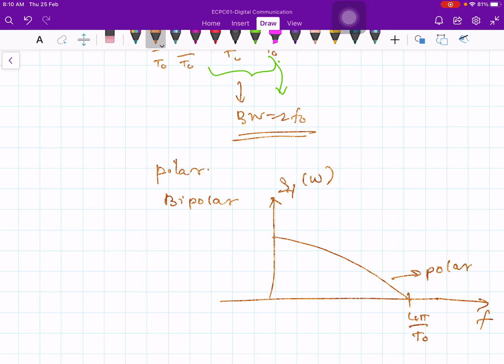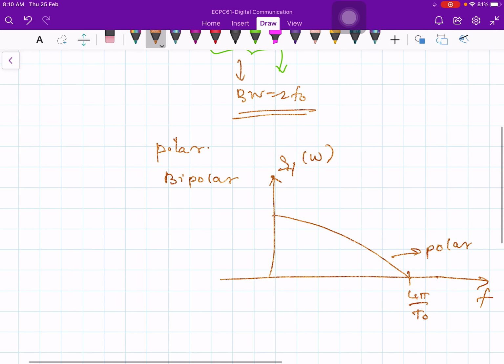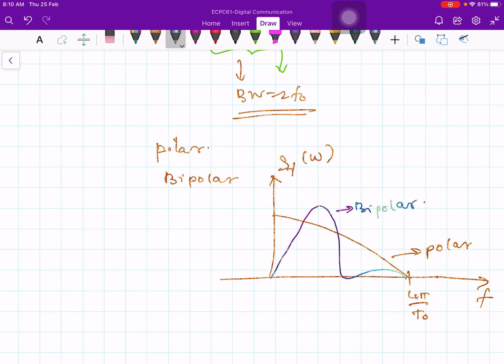This is polar, and then for bipolar it looks like this, and then split phase, like this.